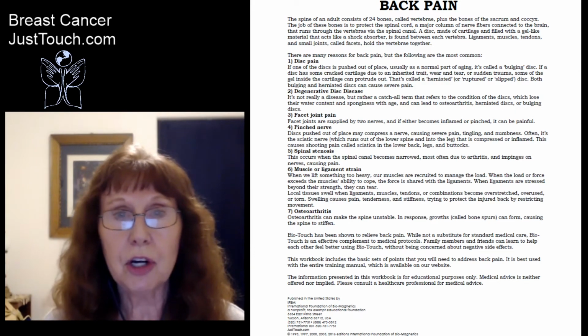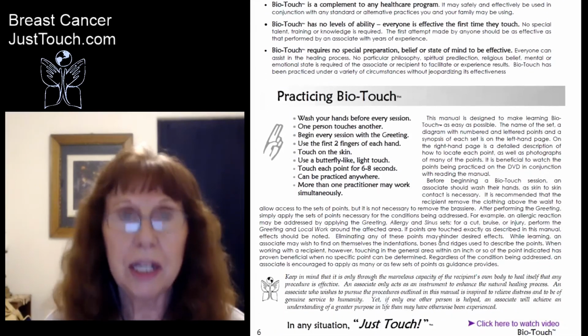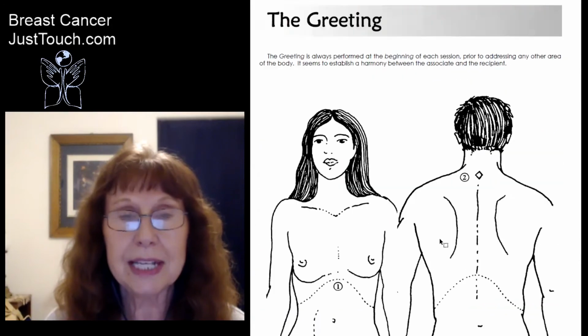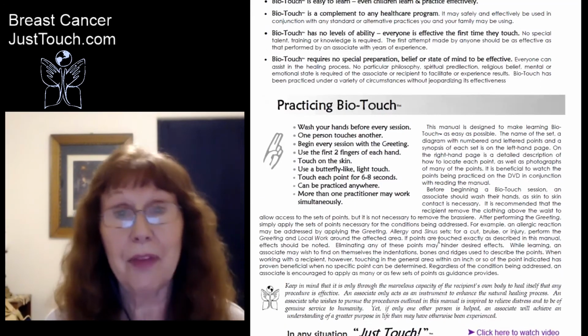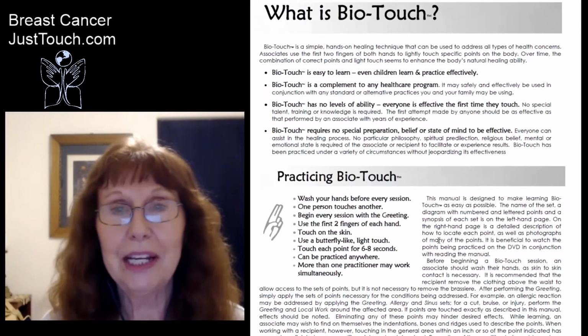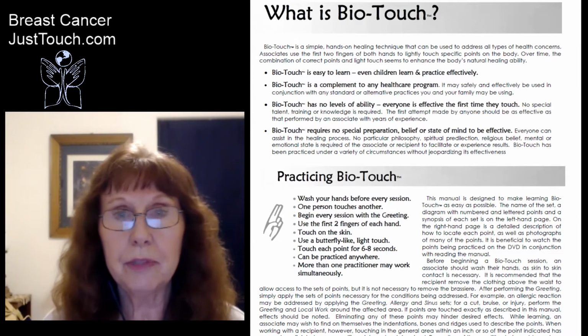So let me start out by saying that BioTouch, by definition, is one person touching another person lightly on the skin. And we're all having our own little dramas about that right now, but it's just an amazing light touch technique that is so powerful.